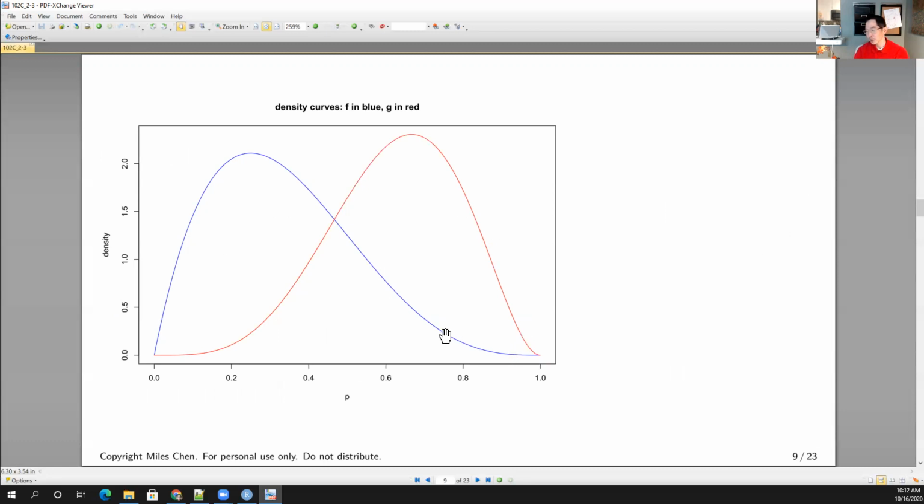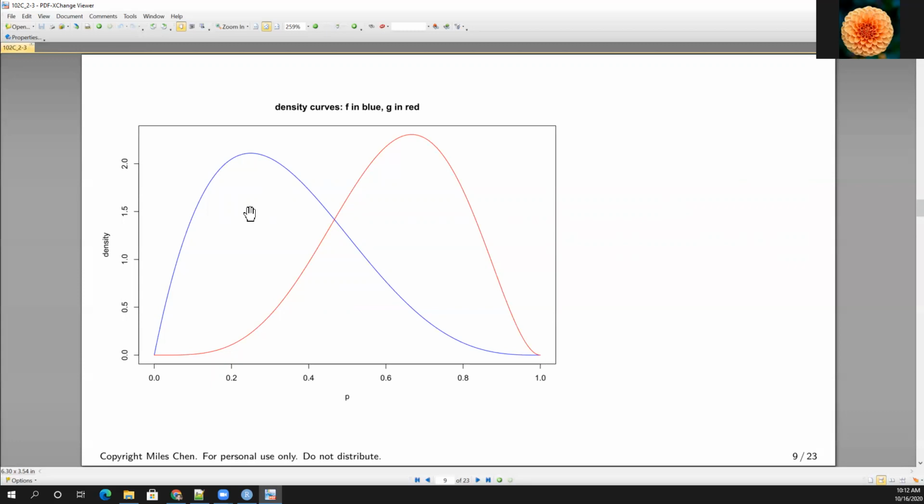If you look at f, which is in blue, if you had to eyeball where the mean of the blue distribution is, where would you say? Just any guesses here? Probably like 0.35.